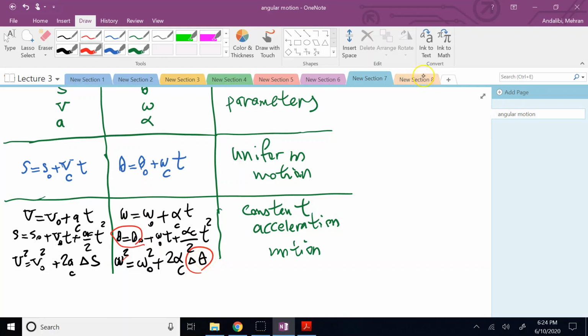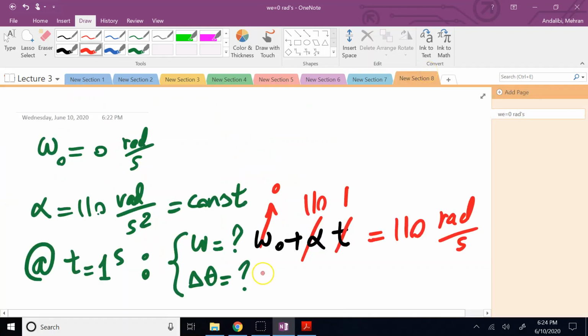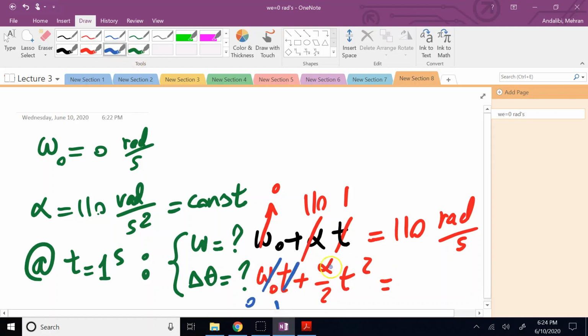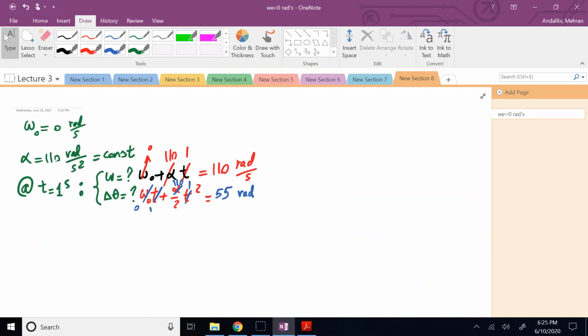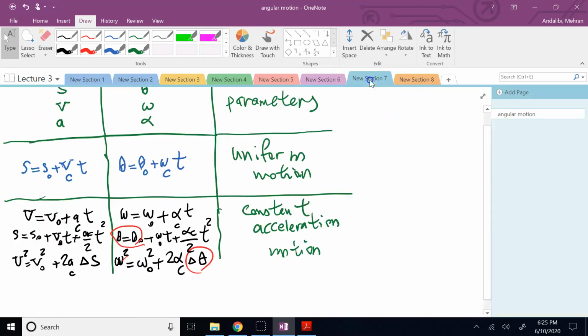So I use the second one and say delta theta is equal to omega naught times t plus 1/2 alpha times t squared, and I have all the parameters. This one is 0, this is 1, this is 110, this is 1. So you're going to get 55 radians, which if you divide by 2 pi, you can see how many revolutions have happened. Okay, so very, very simple problem once I know which formulas to use.